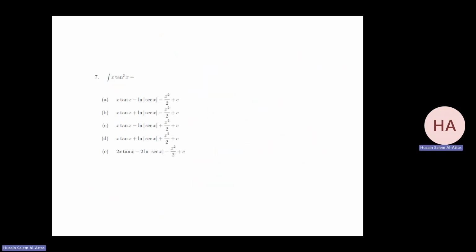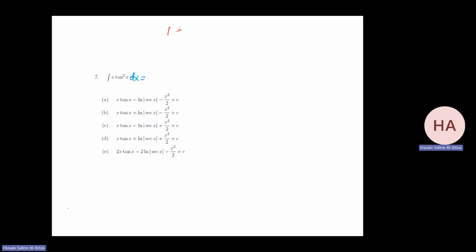x tan squared. I don't know the integral of x tan squared x. There is no way to do it directly, but I can change this.